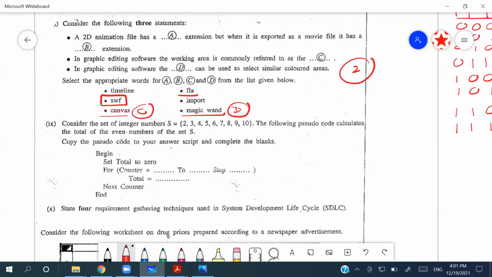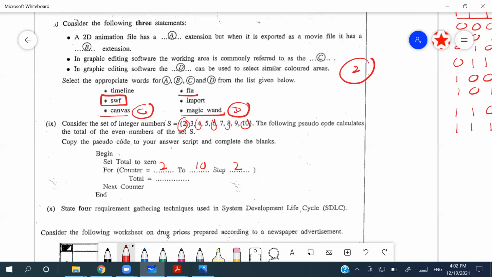So even numbers are like what? These 2, 4, 6, 8, and 10. So the step should be 2. This should start from 2, go until 10, and the step should be 2.